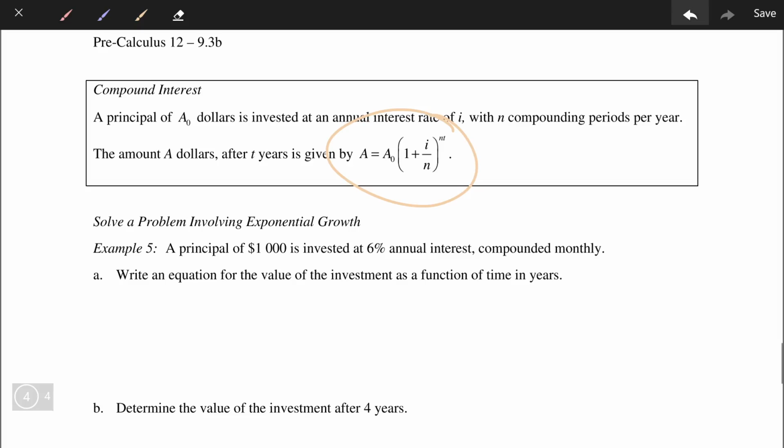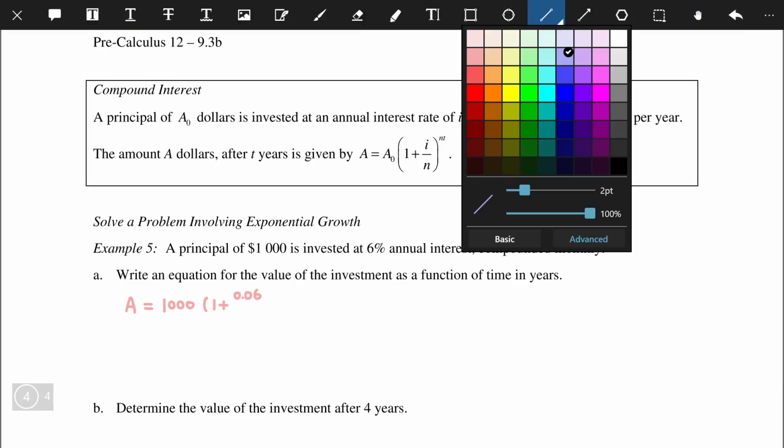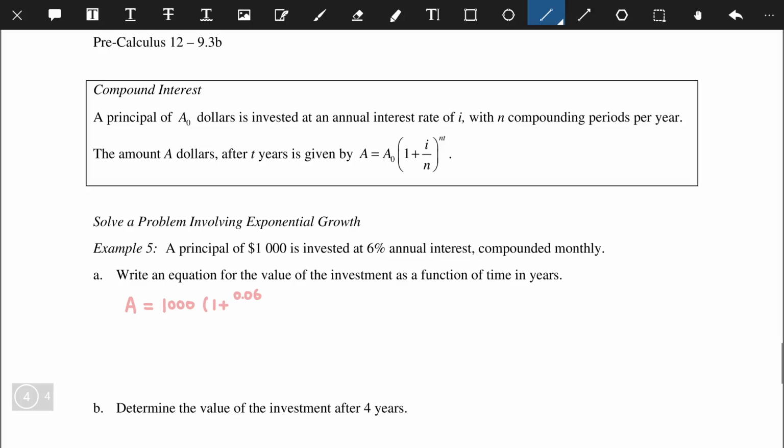So let's put that into our example. It says here, principal of $1,000 is invested at 6% annual interest rate compounded monthly. So we're looking for the amount A, and that's going to be equal to the initial amount of $1,000 in this case. And then we have 1 plus the interest rate 0.06, divided by 12, because that's 12 compounding periods per year.